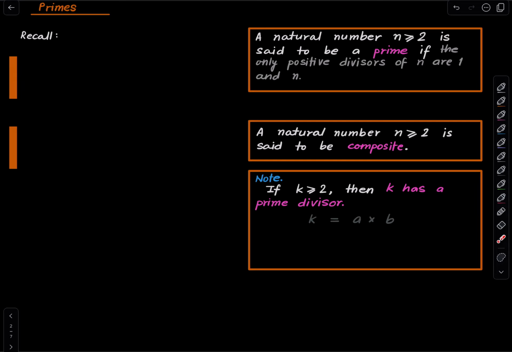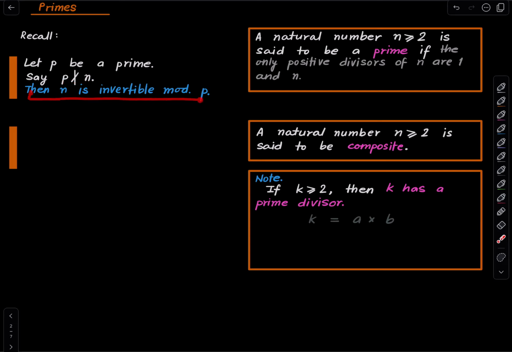I'm sure you follow. And now let's look at two other remarks that we have already proven before. This is the first one. Suppose we have a prime P, and suppose it doesn't divide some given integer n. Then P and n are relatively prime, and that is what I have written in blue, in the language of invertibility.